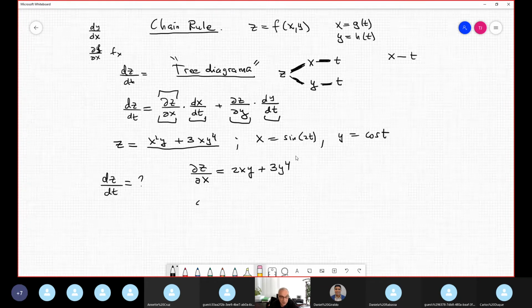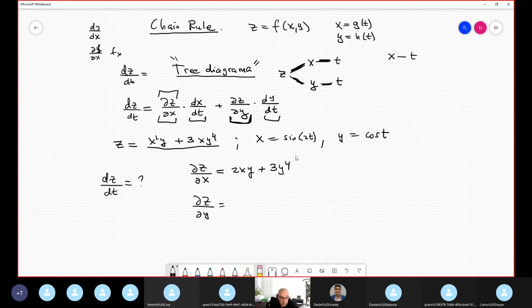Okay, now the partial derivative of z with respect to y. With respect to y, x squared is constant, so x squared plus, with respect to y, this is 4, this is 12xy cubed, because we decrease the power of this polynomial.